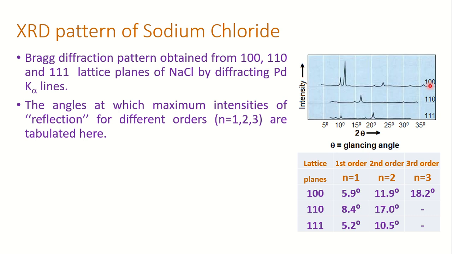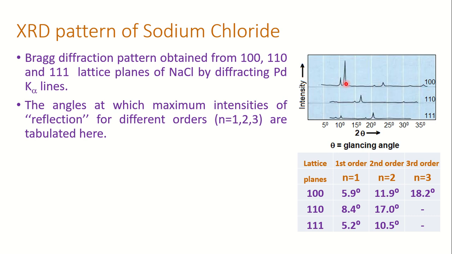That is why the term reflection is used, but within inverted commas. So we shall use the term reflection here. This is for the first, second and third order reflection for the 100 plane.